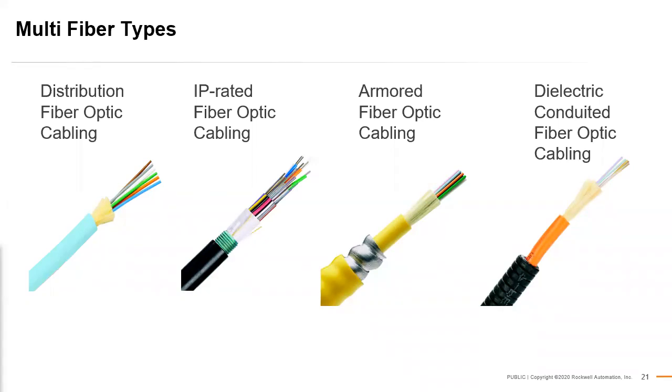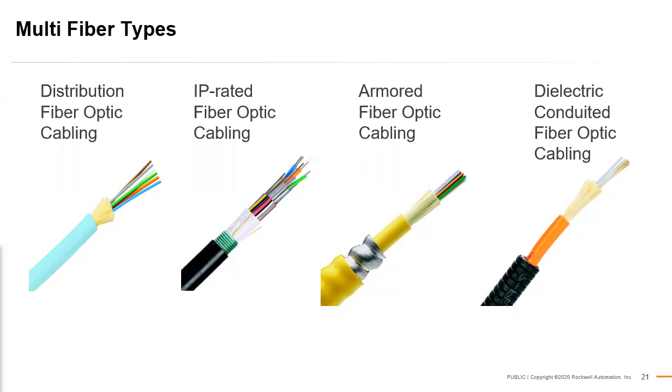Going into a little more detail, from left to right, the distribution fiber optic cable. This is a good slide. One of the best things about it is that you see that cable is a teal color. From my experience, that automatically tells me it's an OM3 or OM4 50 micron cable. The one next to it is the loose tube cable; there's nothing you can tell without reading the outer jacket, except that it's a loose tube cable.